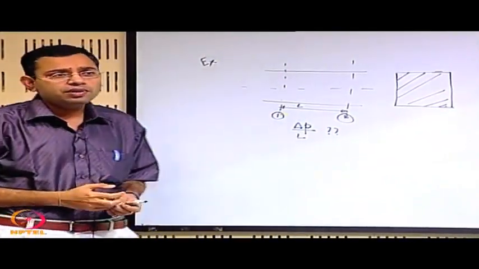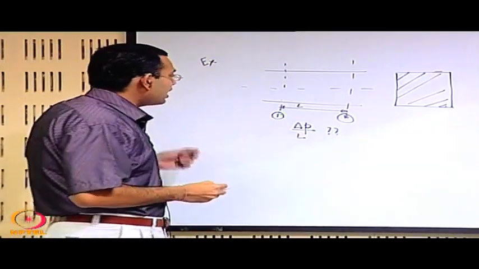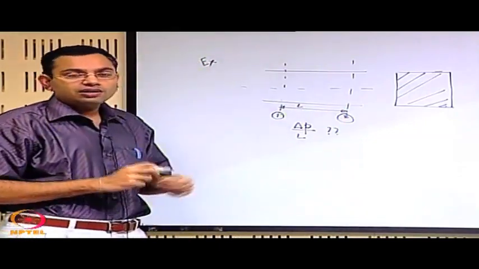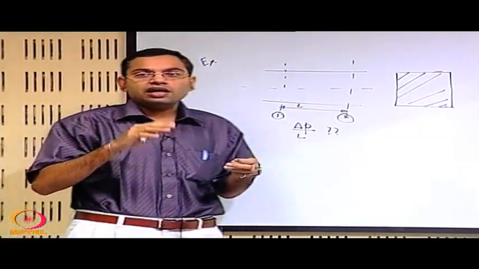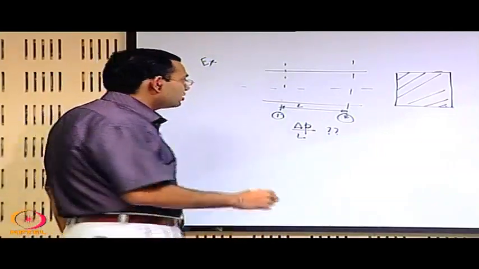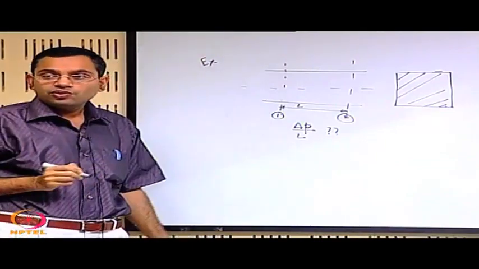Some of the parameters of interest may be, say, pressure drop, and let us say that at sections 1 and 2 we have an idea, by some measurement, of the velocity profile within the boundary layer. That is, you know u by u infinity as a function of y by delta.